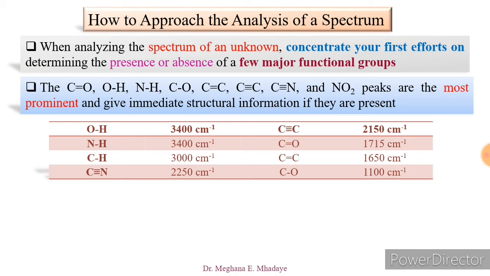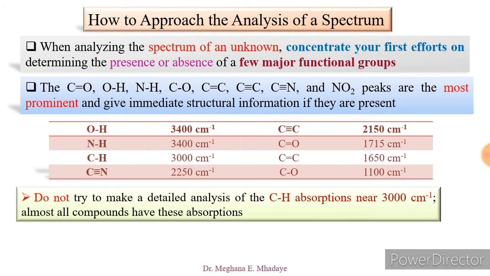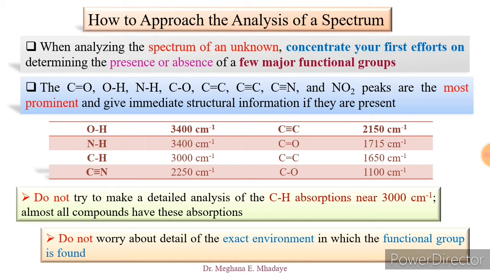These are the base values for absorptions of bonds. Do not try to make a detailed analysis of the CH absorptions near 3000 cm inverse. Almost all compounds have these absorptions. Do not worry about detail of the exact environment in which the functional group is found.